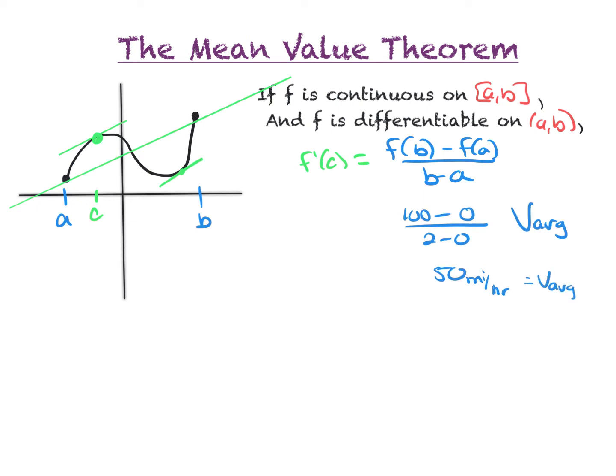And when I'm discussing derivatives with a calculus class, I make a big point that my instantaneous velocity doesn't always have to be 50 miles an hour. When I look down at my speedometer throughout my entire journey to San Francisco, I don't always see the speedometer reading 50 miles an hour. This is just my average velocity.